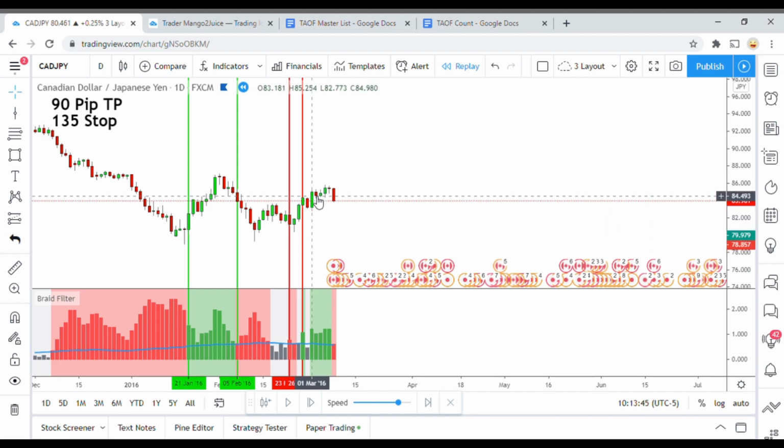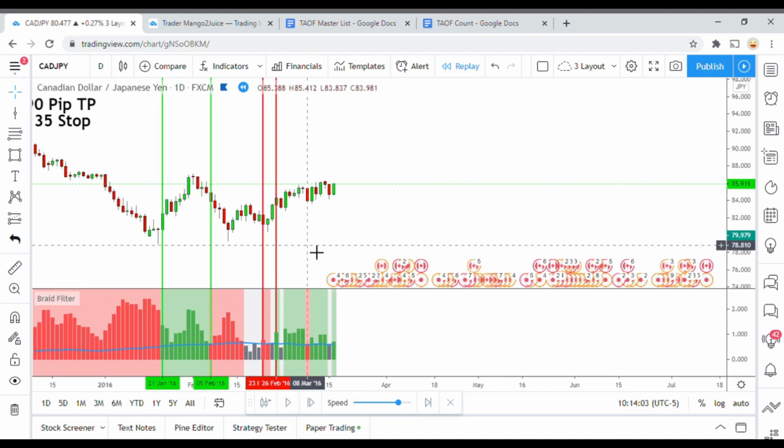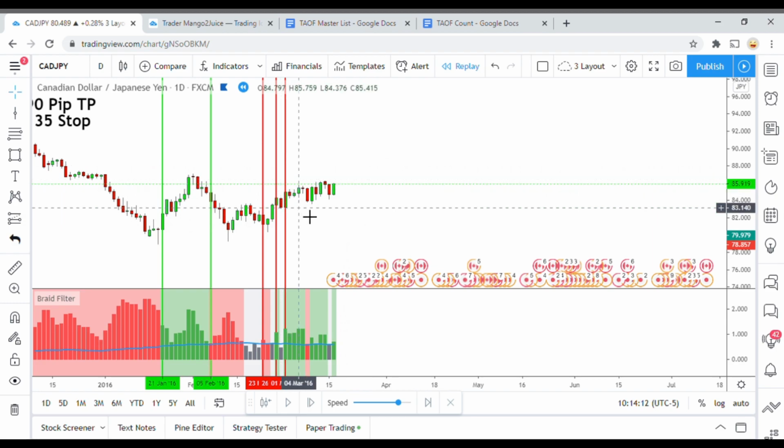But then when it does that, it actually gives us a signal on its close to then go long again. And that one unfortunately does not get us to take profit quite yet. And it gives us a short signal over here, and so that would have canceled out that one, stopping us out.